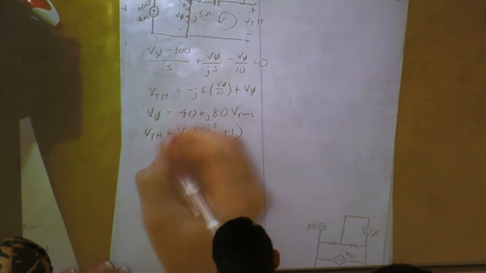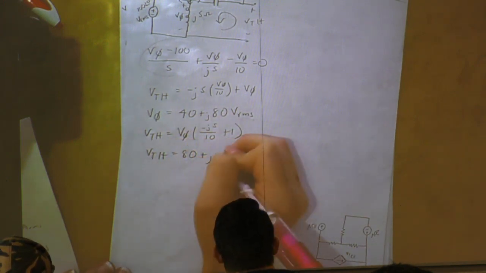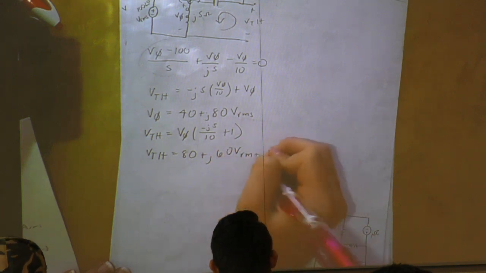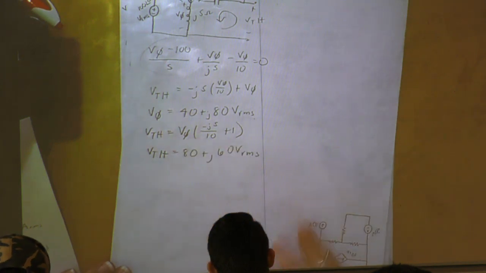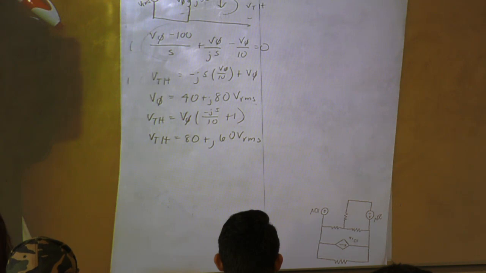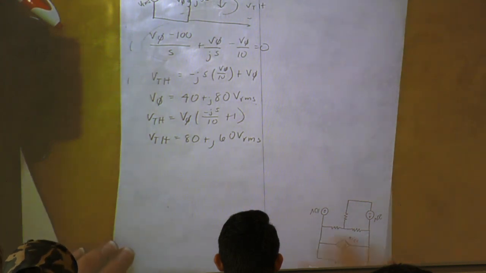Then you just multiply these two together and you'd get 80 plus j60 V RMS as our V_TH. Then we'll do our short circuit.